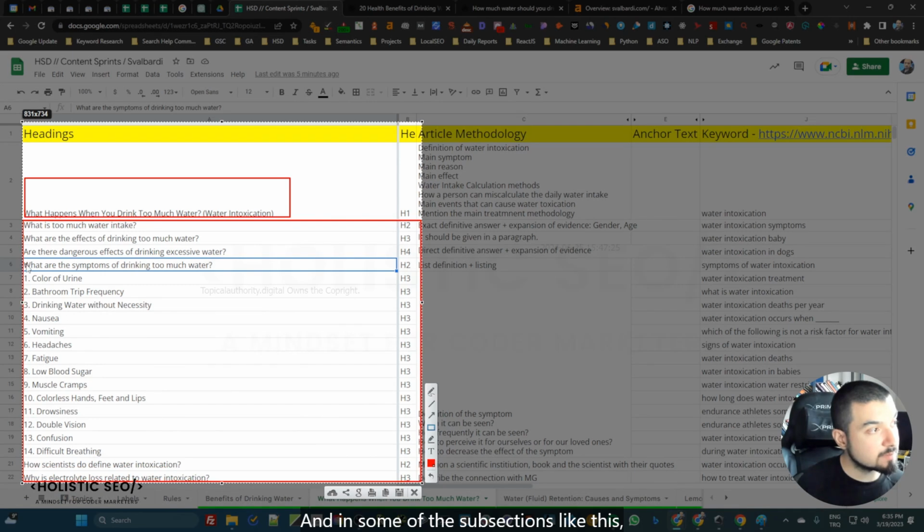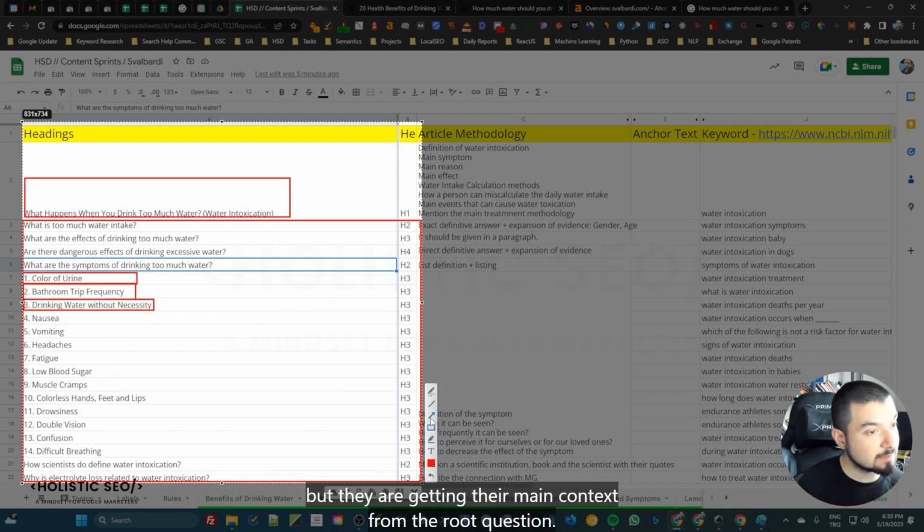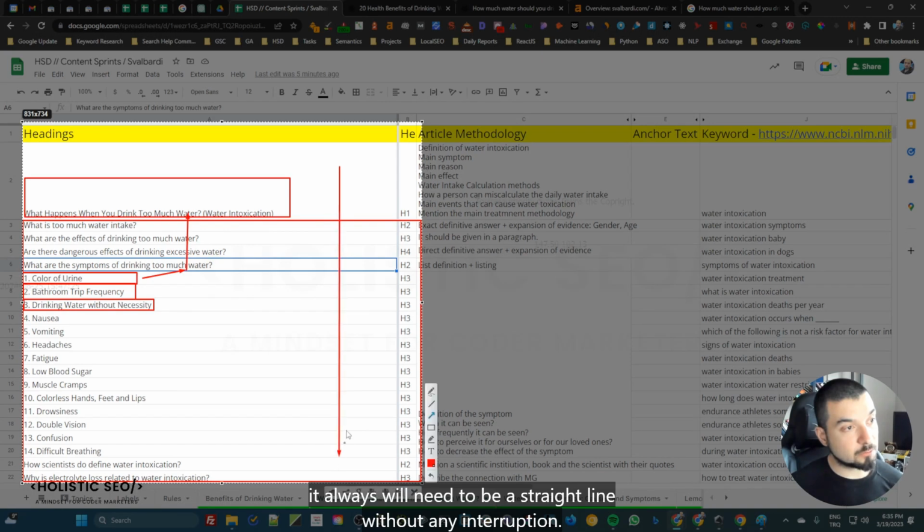And in some of the subsections like this, we always have main contexts for these specific sub areas, but they get their main context from the root question, and the root question takes its context from this area as well. That's why I always say that if you want to create a contextual vector, it always needs to be a straight line without any interruption.